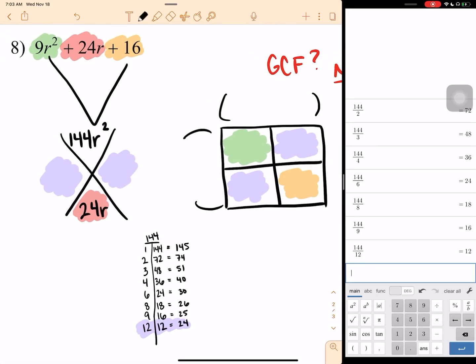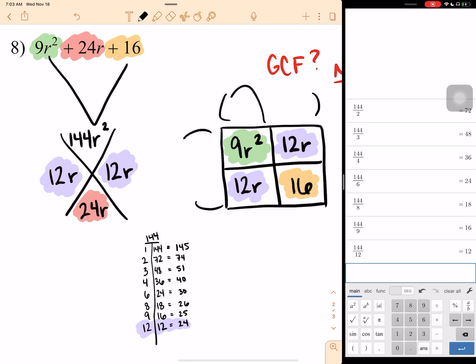All right, so I know that this is going to be 12r and 12r. So I have 9r squared, 16 here, 12r and 12r. It's nice because they're all positives. So my GCF between 9 and 12 is a 3, and then r. So this one must also be 3r. Between 12r and 16 is a 4, a positive 4, which is nice.